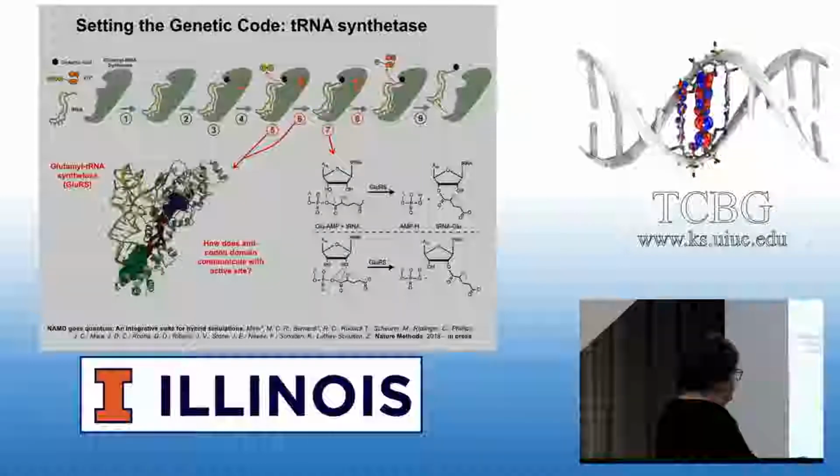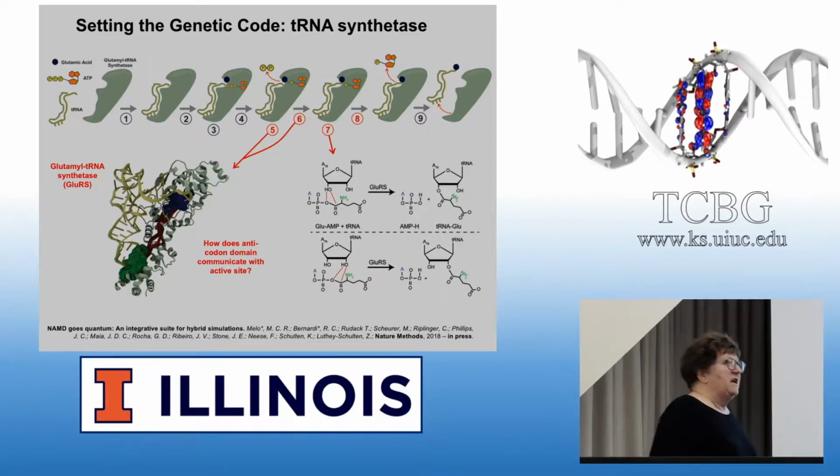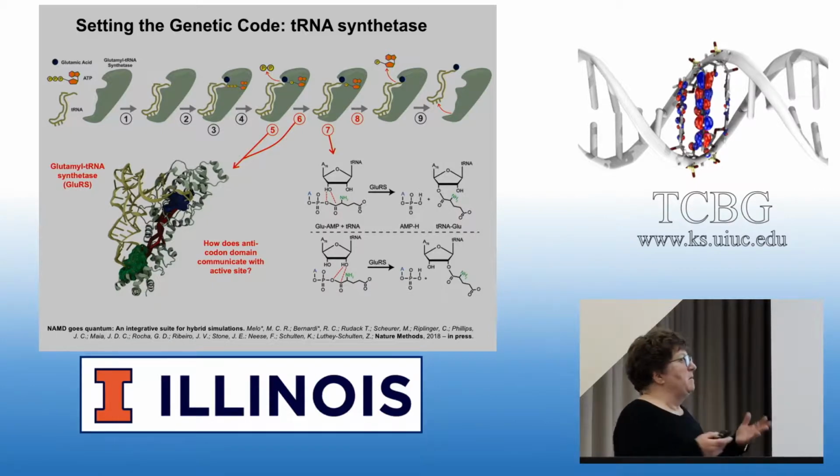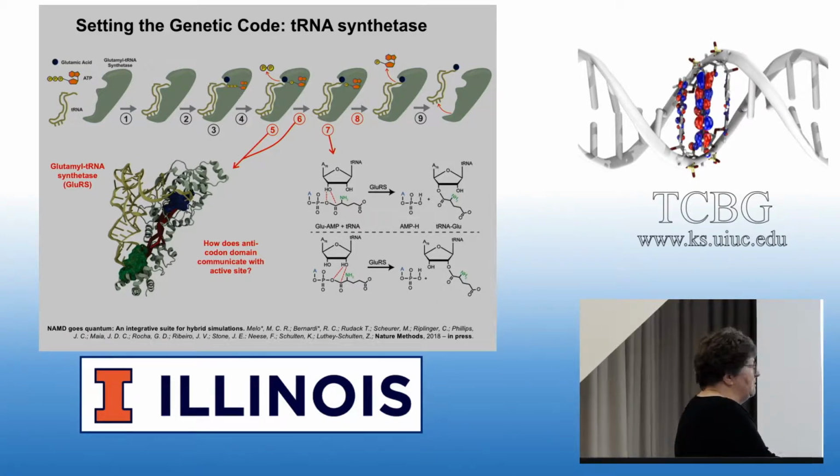Then you've got a choice: the adenylate can add to this OH or to this OH. In the synthetases, some do the 2' OH, some do the 3' OH. So we wanted to investigate that along with the protonation state of this amino group.